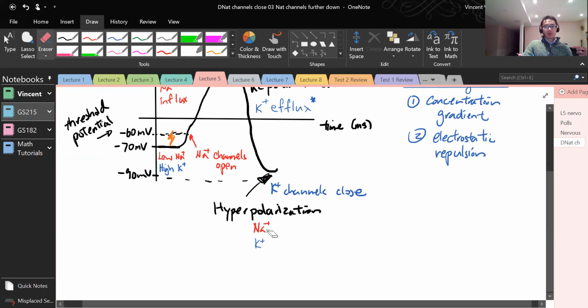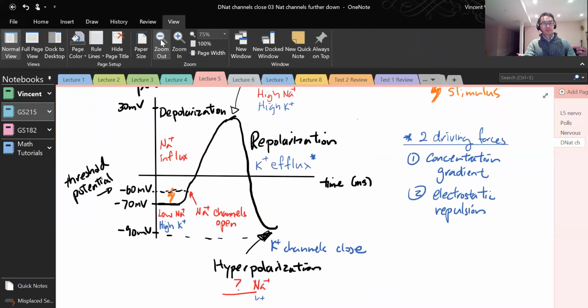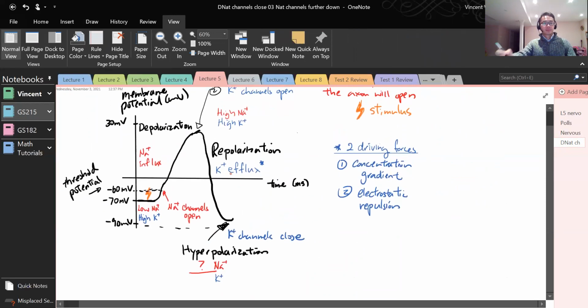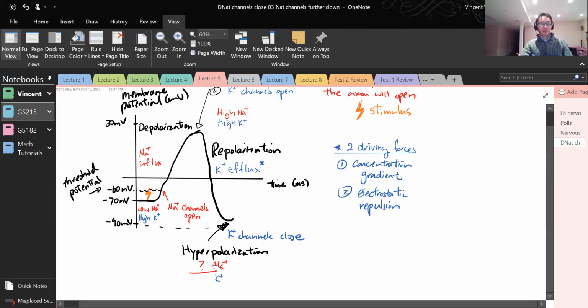Is it high or low? Yeah, it's high, right?